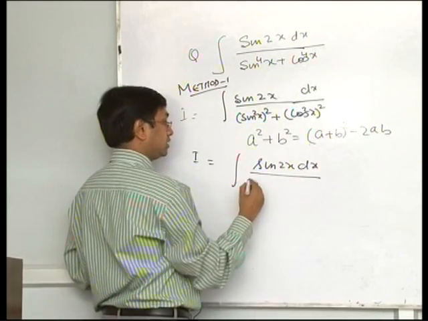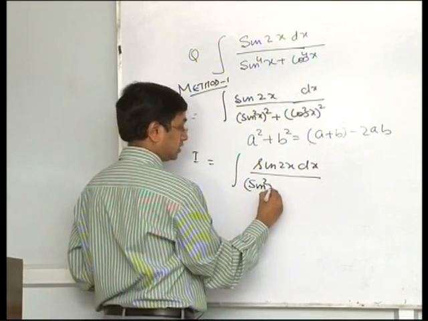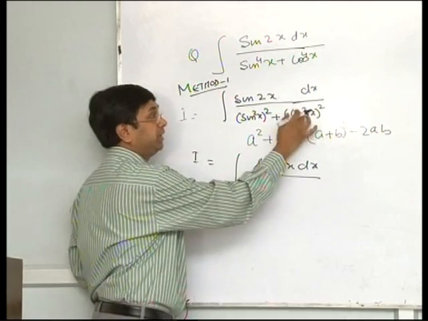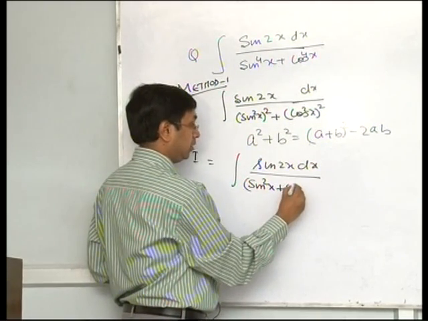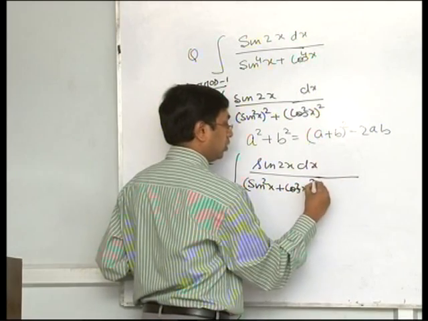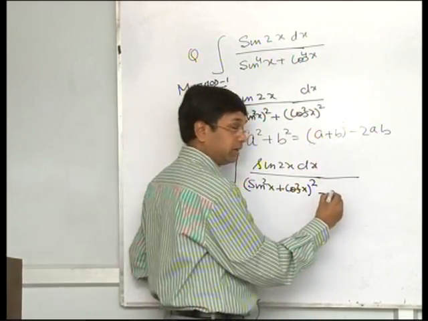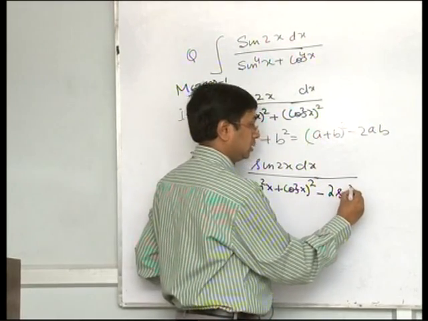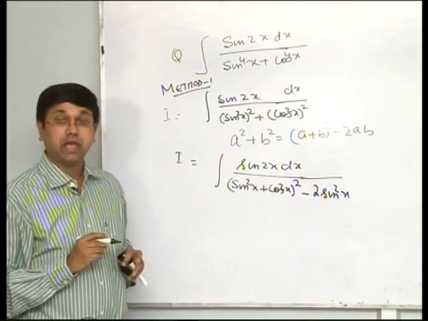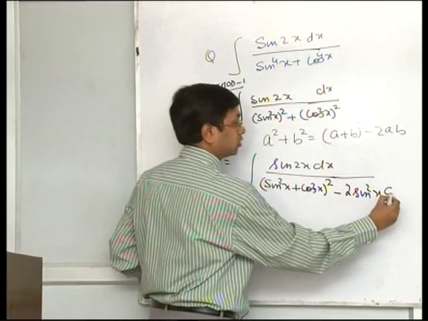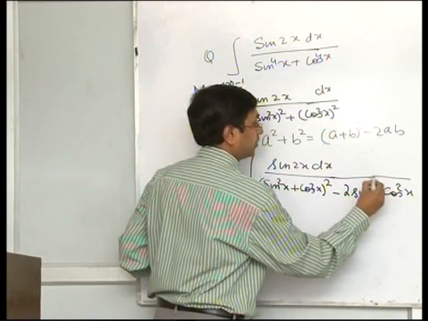Now a squared plus b squared. So a is sin square x, and what is b? Cos square x. So (a plus b) whole squared minus 2ab. So our a is sin square x, so 2 sin square x and cos square x, right? Okay.